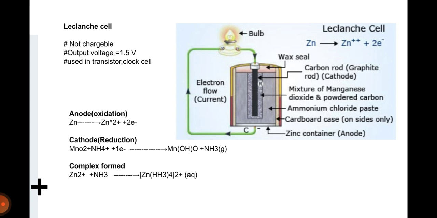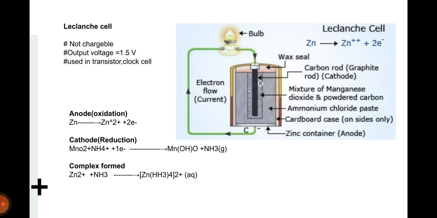The overall decrease in EMF of the cell depends on the time of discharging, consequently by accumulation of Zn2+ ion at the anode and OH minus ion at the cathode. The increase in Zn2+ ion concentration can also lead to precipitation, which increases the internal resistance. That is the reason we are going to get complexes.